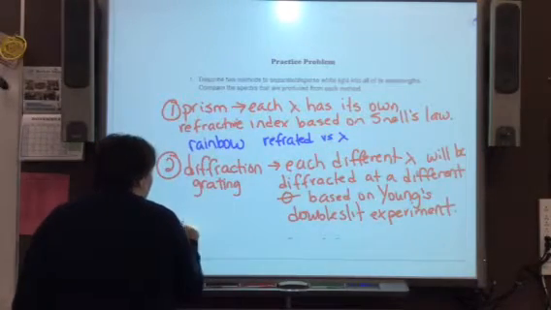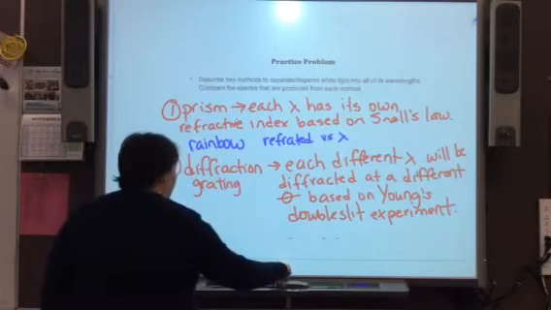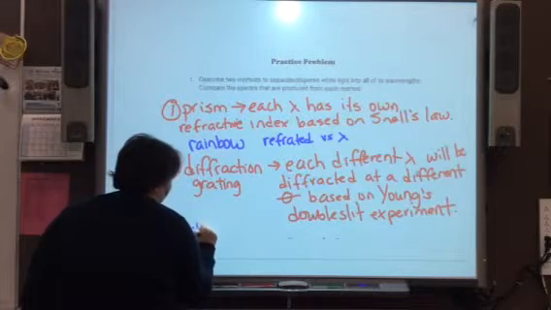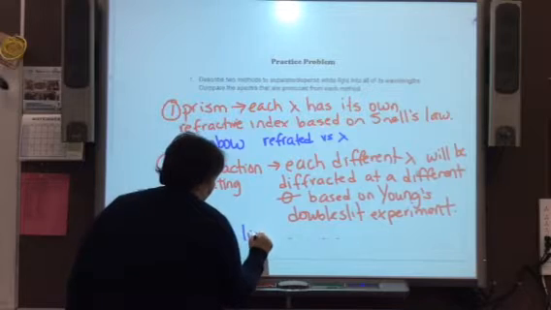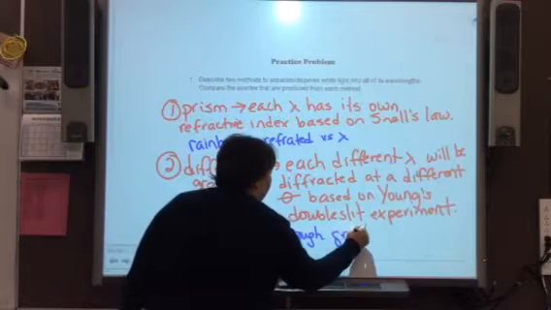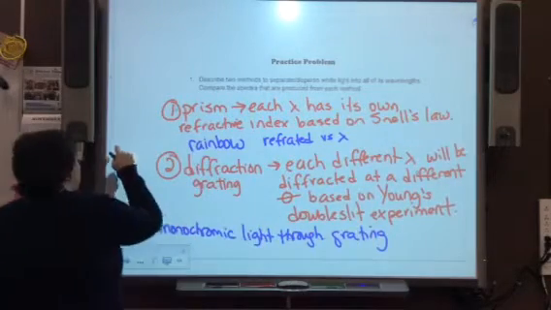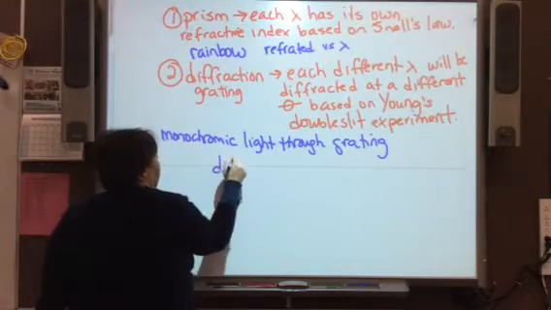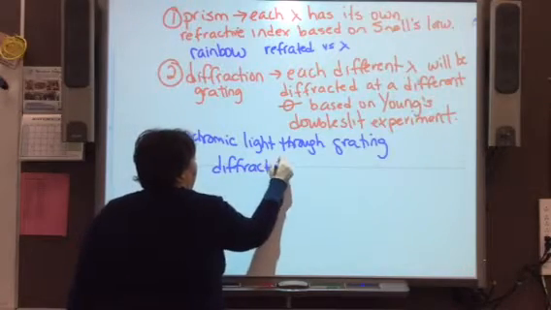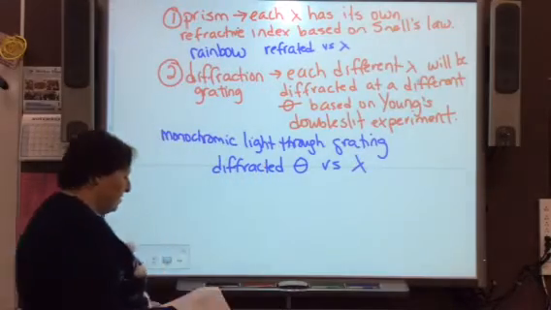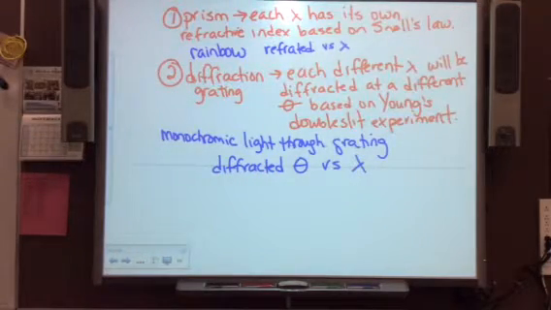And here you can look at the same rainbow or a monochromatic light through a grating, and you can look at diffracted angles versus wavelengths. All right? So as wavelength increases, the value of sine theta increases.